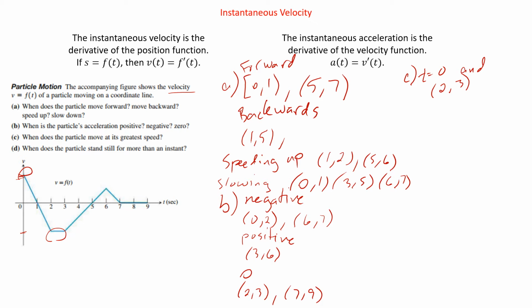When is the velocity 0? When does it stand still? It stands still here, but only for an instant. It stands still here, but only for an instant. And then it stands still here from 7 to 9, because that's when the velocity equals 0.